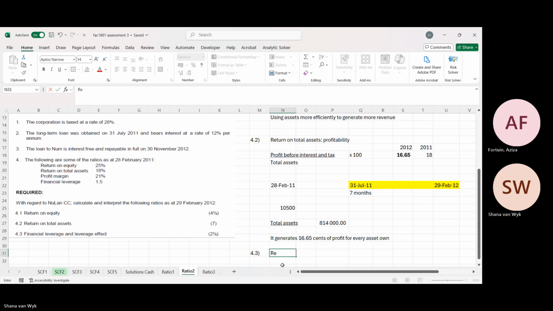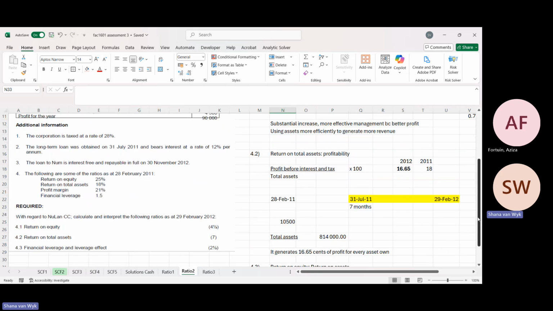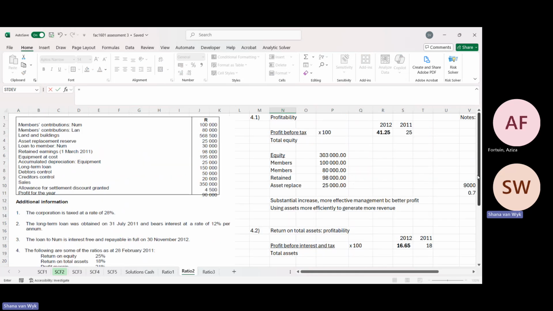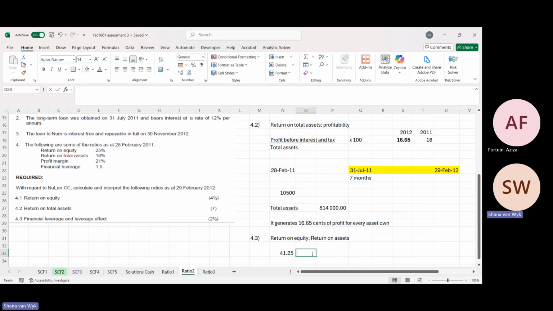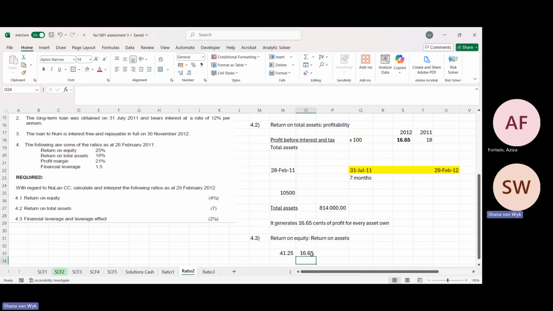So since we already calculated it, return on equity is this one, and assets is this one.